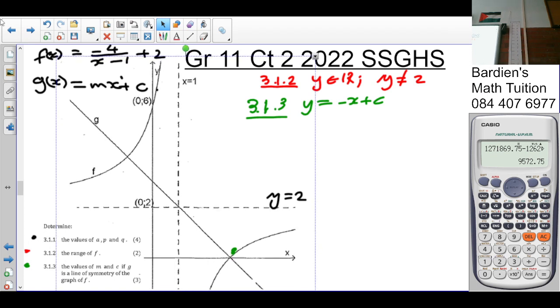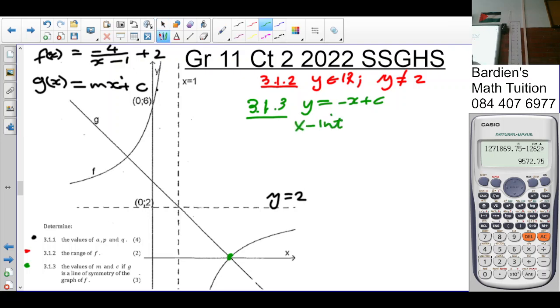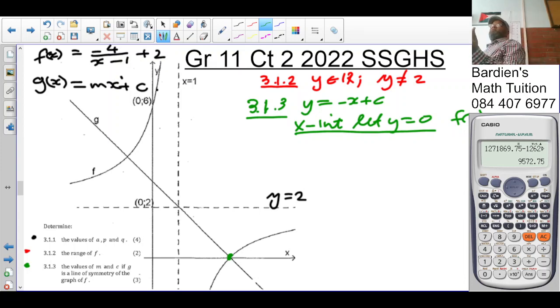We need to work out that point, which is also your x intercept there. Can you see that, people? How do you calculate the x intercept? For the x intercept, we let y equal to 0. But this is of the graph of f of x. You can't go with g of x because we don't know the graph of g of x at this point.